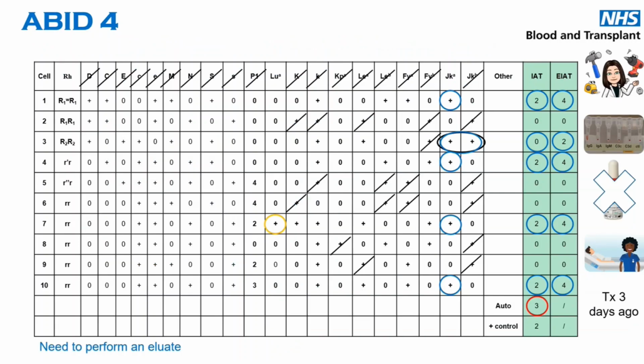So moving on to antibody 4. This is where it gets a little bit more interesting, or I think it does anyway, because I'm really sad. So we've got JKB, so as we move down there, sorry, I'll go back one. So as we move down there, this is negative, great, I can exclude that. Continue on down. Remember what I was saying at the beginning about the BSH guidelines, you cannot exclude a Kidd antibody on a heterozygous line, it's got to be homozygous expression.